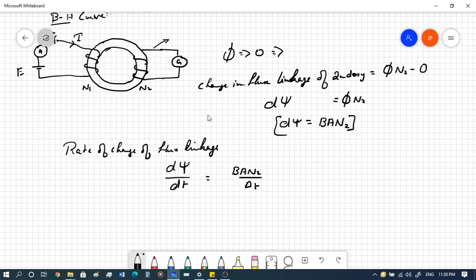So the rate of change of flux linkage can also be written as the EMF that is produced in the secondary. So the EMF induced in the secondary coil. So let's say R is the resistance of the secondary coil.